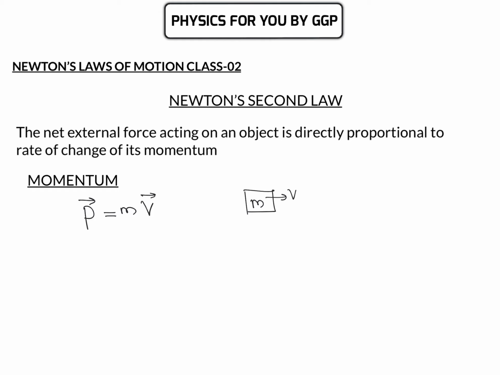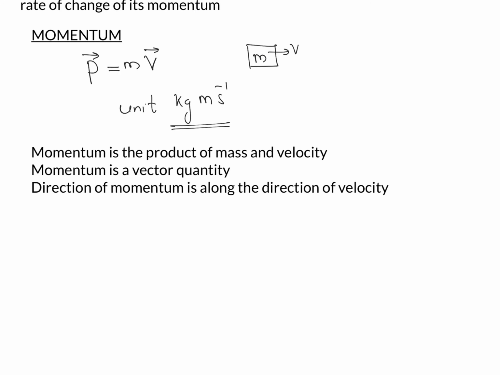The unit of mass is kilogram and the unit of velocity is meter per second, so kilogram meter per second is the unit of momentum. Remember these points about momentum: momentum is a product of mass and velocity, and it is a vector quantity whose direction is along the direction of velocity.